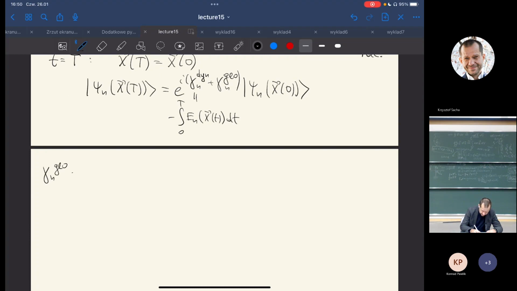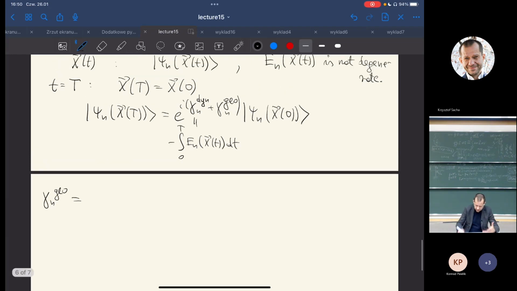Of course, it comes from a quite simple derivation of the adiabatic approximation, because we start with the time-dependent Schrödinger equation, and the only thing we have to introduce is that the evolution is sufficiently slow so that the projection of the time derivative of our initial state on the other states is negligible.